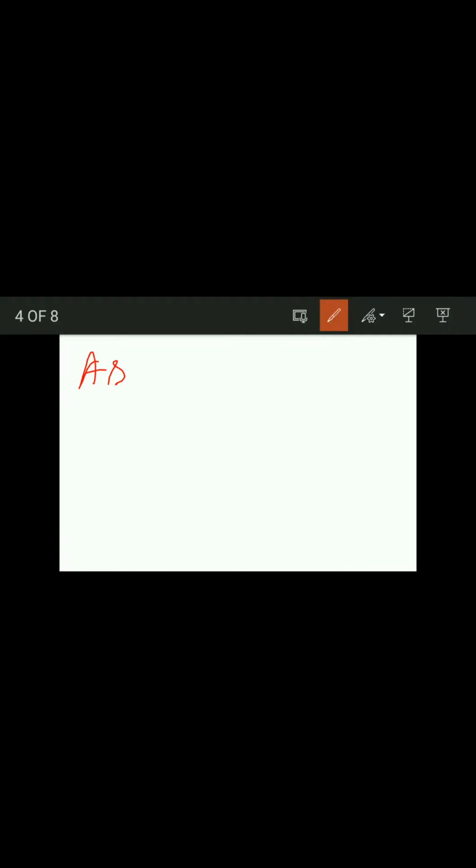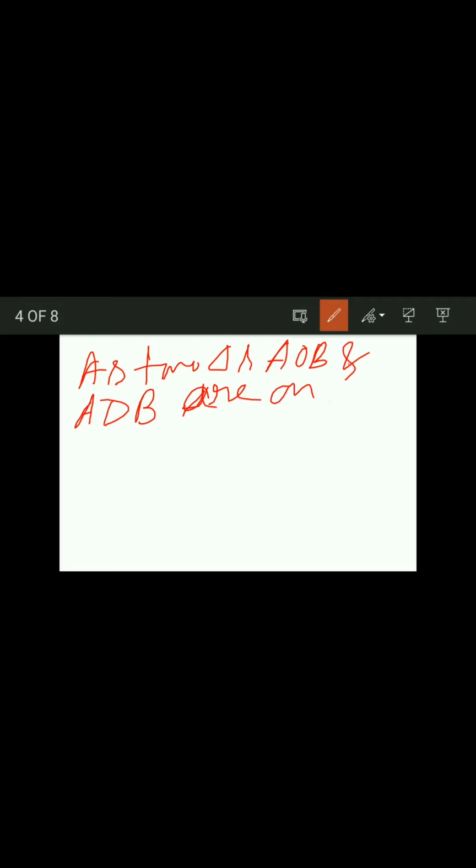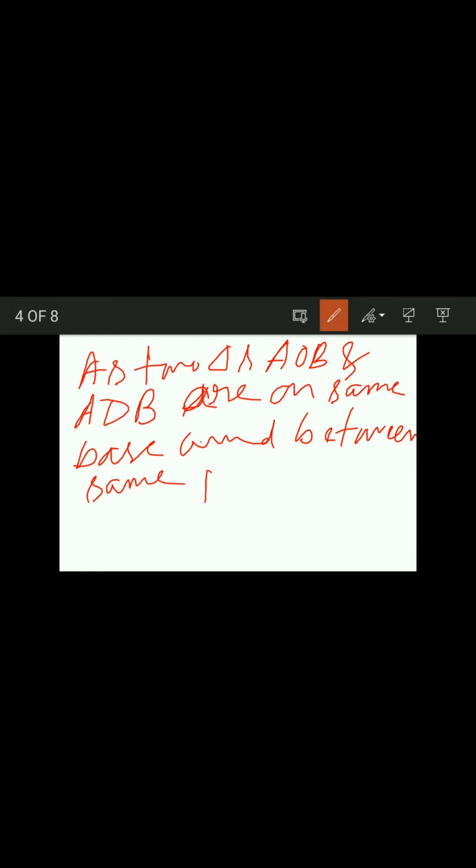As the two triangles AOB and ADB are on the same base and between the same parallel lines, the area of triangle ADB will be equal to the area of triangle AOB.